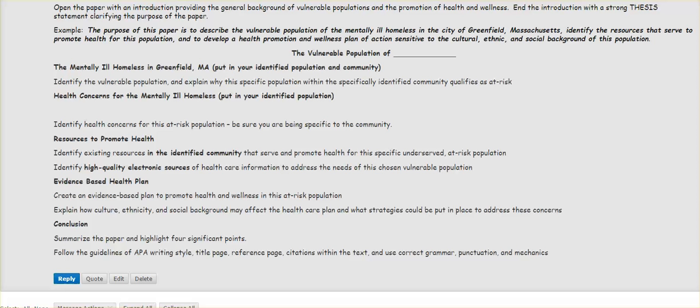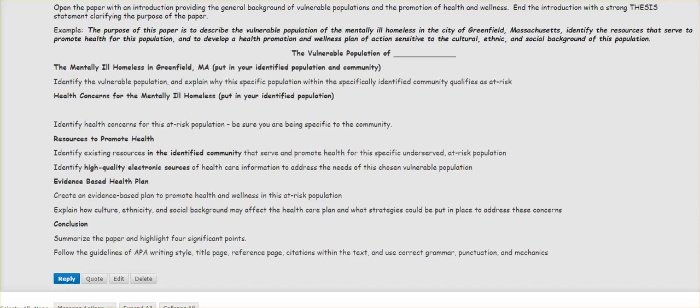So keep that in mind. Then put in a section on how culture, ethnicity, and social background can affect the plan of care that you have identified. And what are the strategies that you would put into place that would address these concerns?